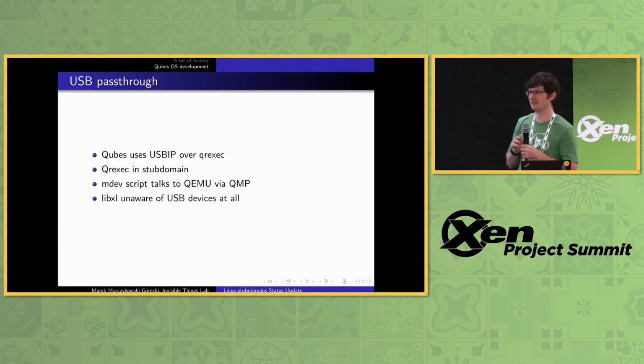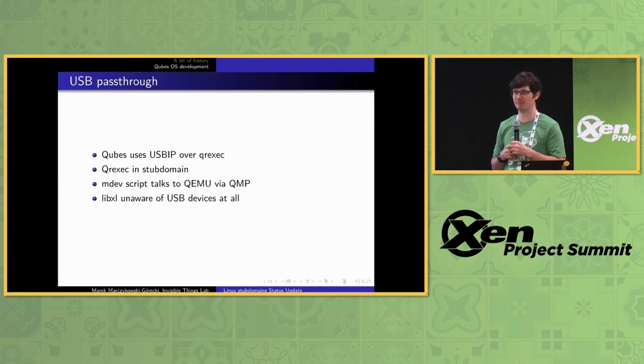We have a script that detects if a new USB device appears, then talks to QEMU to attach it to the guest using QMP. In this case, libxl is totally unaware of any USB devices. That works for our case.